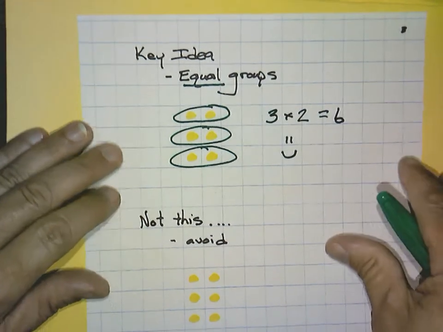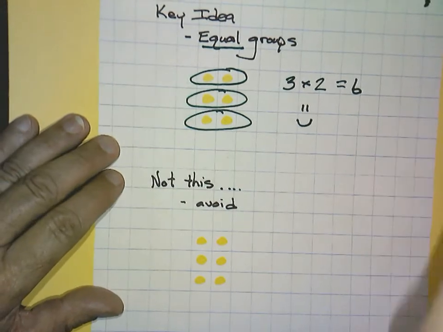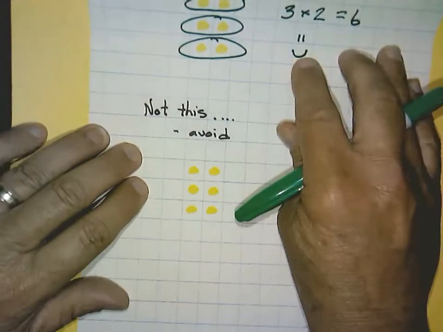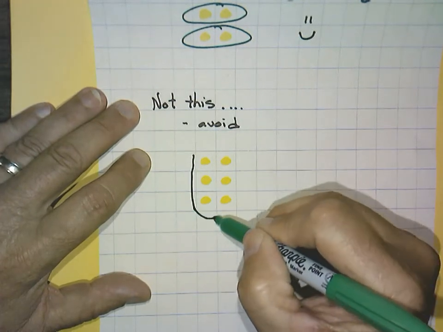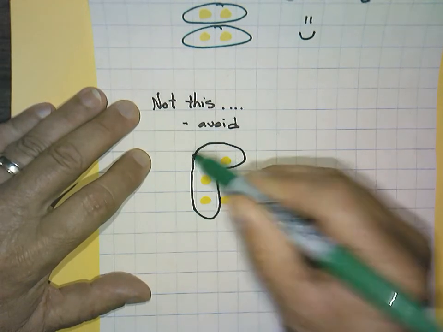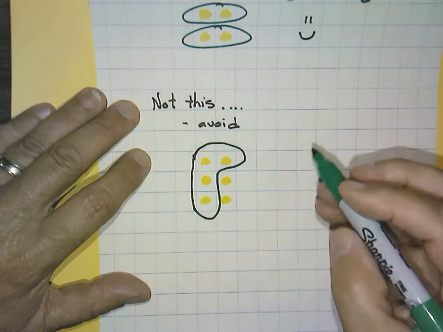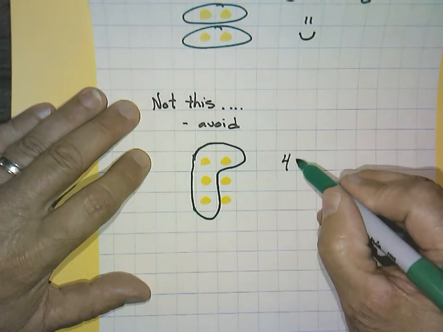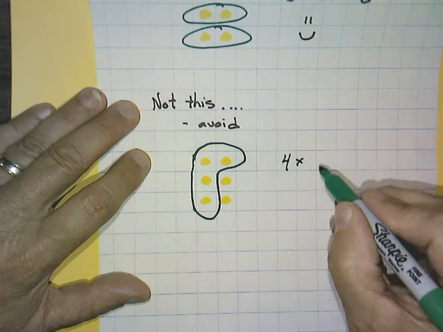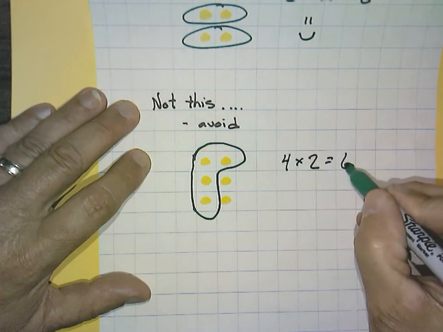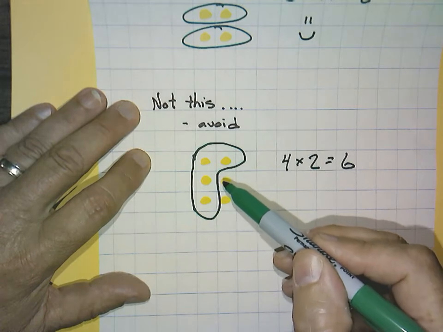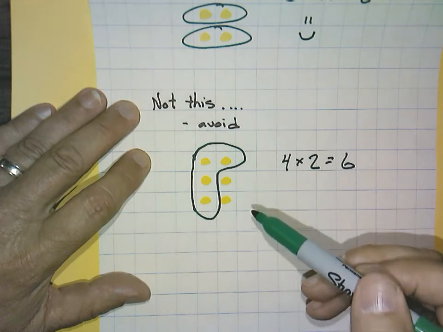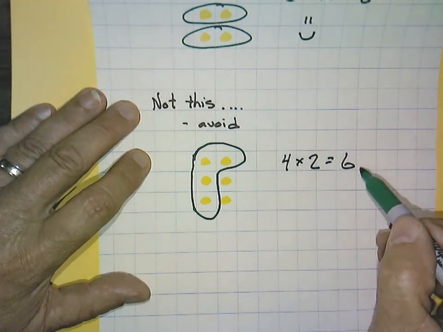Now let me show you something to avoid. Occasionally some of my students will get turned around in multiplication and they'll do something like this. Notice it's the same amount of dots, right? And they'll say, well, 1, 2, 3, 4. 4 times 2, and that equals 6. Well, what's wrong here? First of all, it's going to be wrong because 4 times 2 is actually 8, not 6.